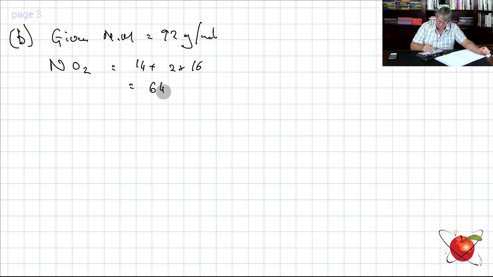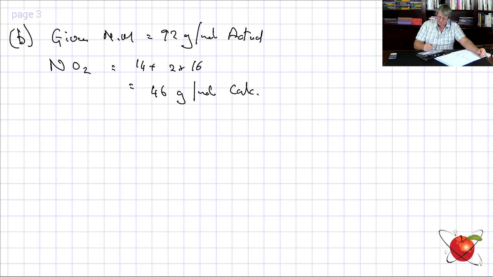Not 64. 46 grams per mole. This is the actual one, and this is the calculated one. Can you see the ratio is 92 over 46? So 2 is the ratio.